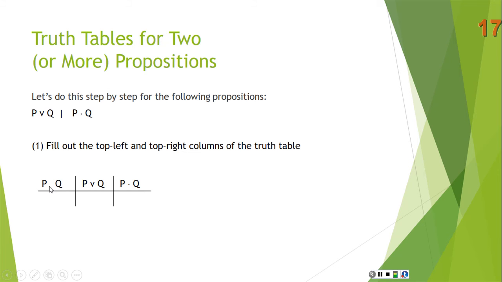So we list them from left to right in the order in which they appear across these statements. So P, Q is the order. All right. And then in the next column over from the component statements, we put the first proposition, and then in the next column over from that, we put the second proposition.